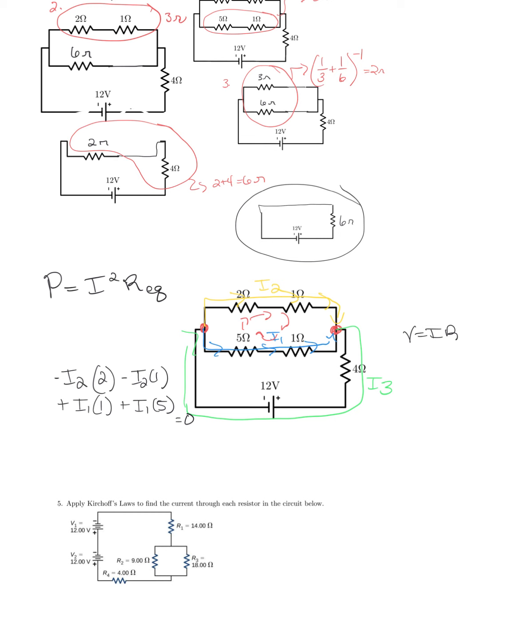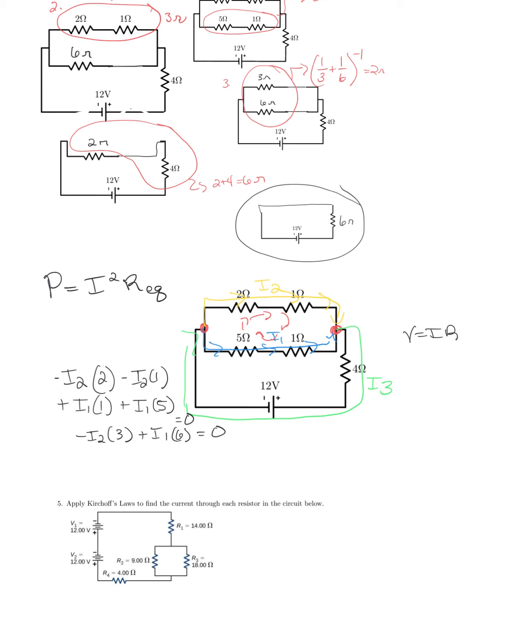Now let's put some things together. We have negative I2, and we put the 2 and the 1 together to equal 3. Then we have plus these 2 I1s, the 5 and the 1, equals 6, equals 0.